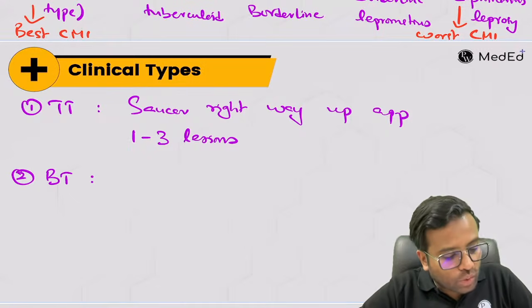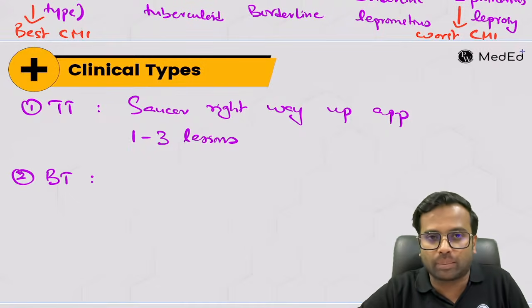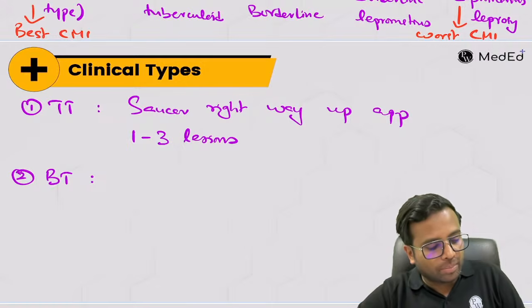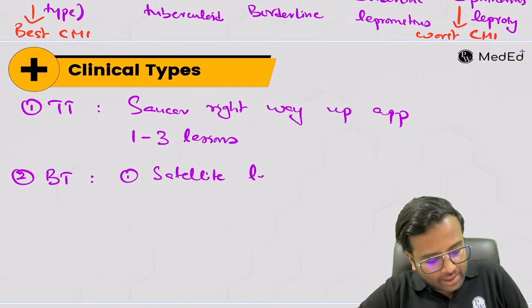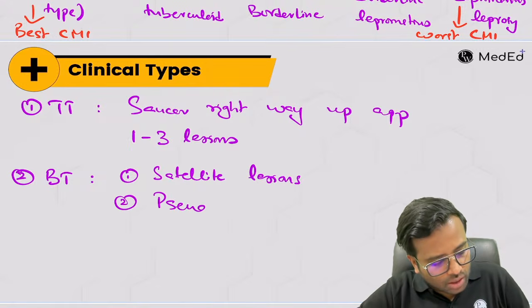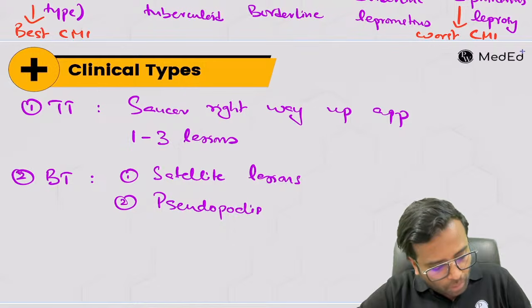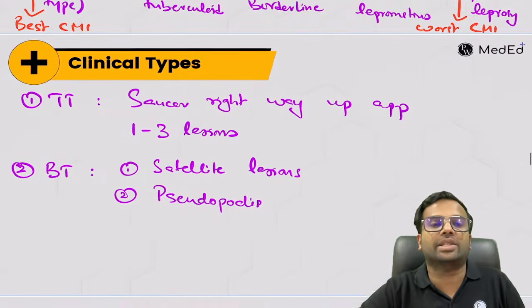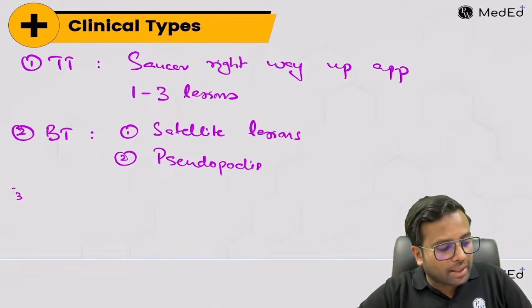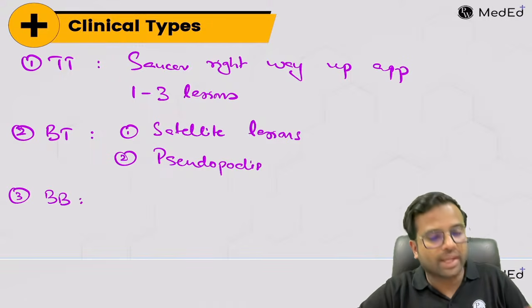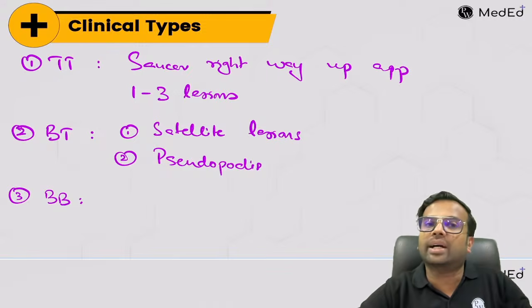Whereas in a patient who is having a borderline tuberculoid type of leprosy, there will be two features. One is satellite lesions, and the other one is called pseudopodia. In BB type of leprosy, it looks exactly opposite to a TT.